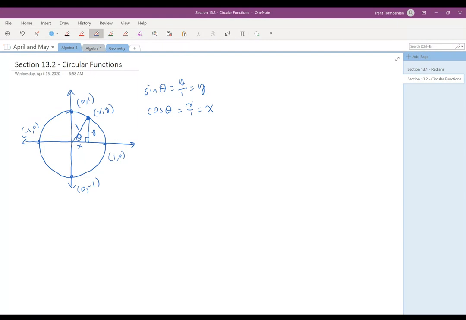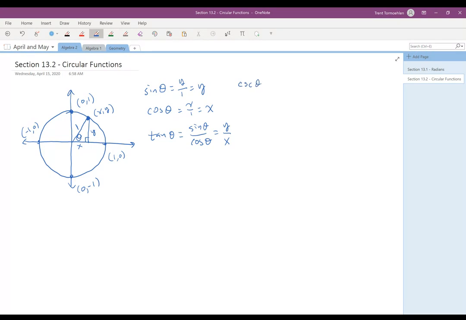And then the tangent of the angle, if you remember, is the same as sine over cosine, which is just going to be y over x. The same thing is true for our other 3.